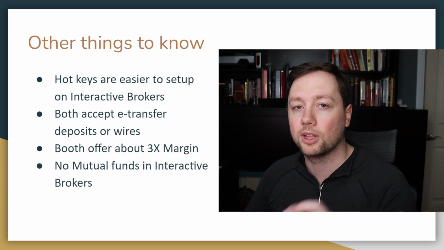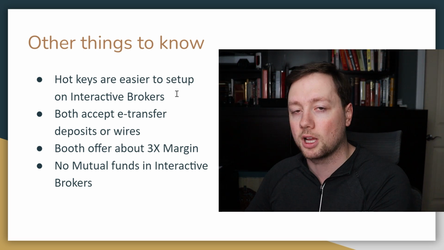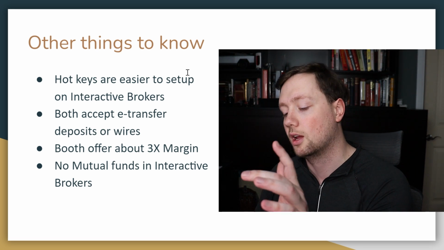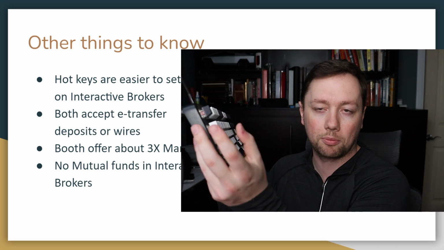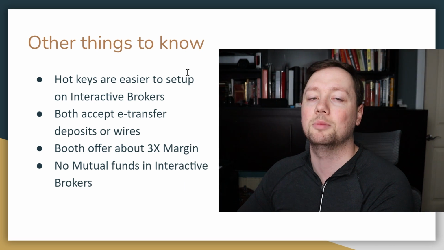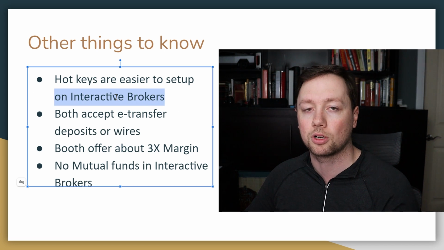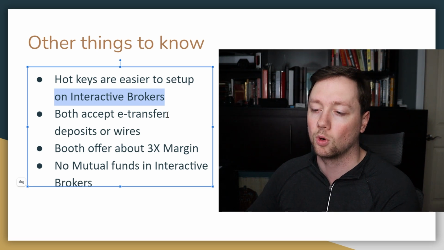Now, other things to know about this comparison that you need to be aware of. If you are day trading and you like to use hotkeys, meaning that you like to buy and sell and execute orders with your keyboard, unless you have a keyboard with programmable keys, it is going to be a little bit difficult to do on Questrade. It's easier to set up on Interactive Brokers, but if you have a programmable keyboard, it's very easy to set up on either one.